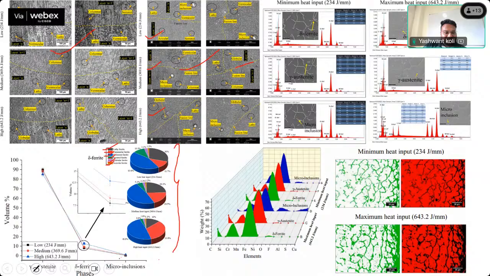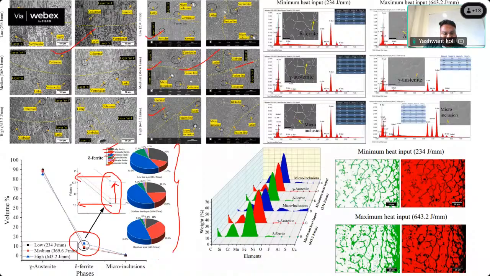You can see the phases. This is the delta ferrite here, and you can see the percentage that we have marked here. Almost 7.5 to 13%, we have increased the ferrite content as per increasing the heat input.